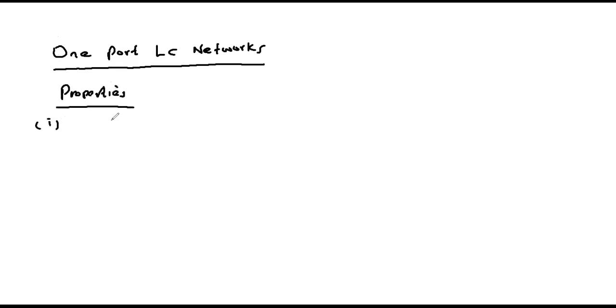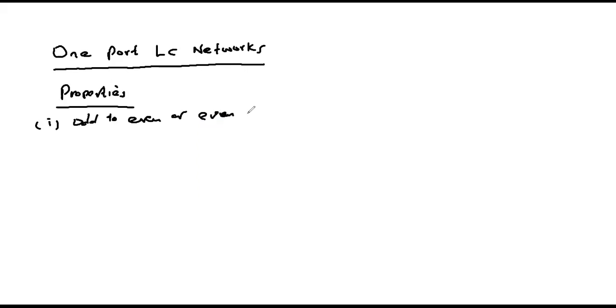Number one, the transfer function must be an odd to even or even to odd polynomial in S. That means if the numerator is odd ordered, the denominator is even ordered, and vice versa.